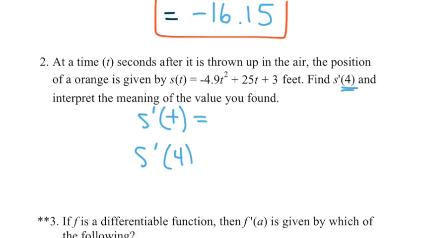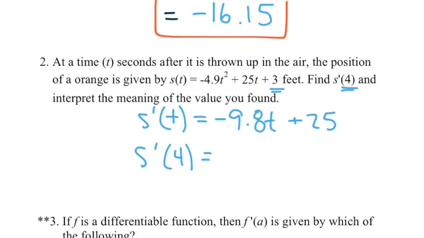So s prime of t is going to be negative 9.8 t to the first power plus 25. And that 3 goes away, because that's really 3t to the 0th, and when we use the power rule, it just disappears.